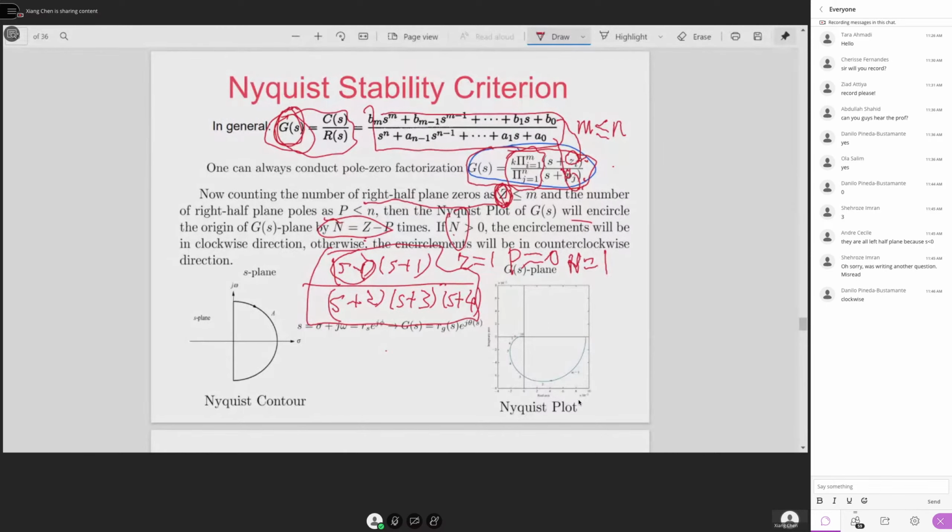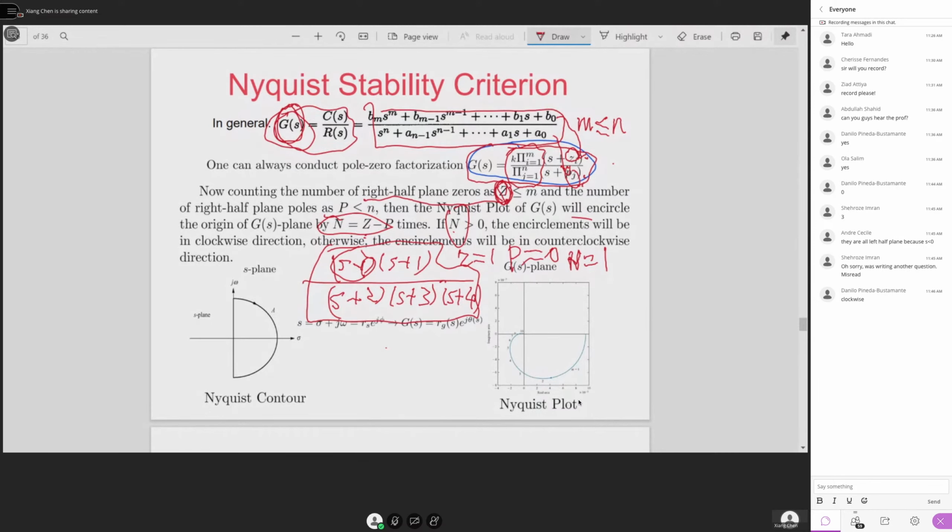For stability evaluation purposes, it is this encirclement that matters. The shape of the Nyquist plot does not matter. I don't care if it's a circle, a square, or any other shape. I just need to make sure how many encirclements there are around the origin. It is the encirclement that matters.